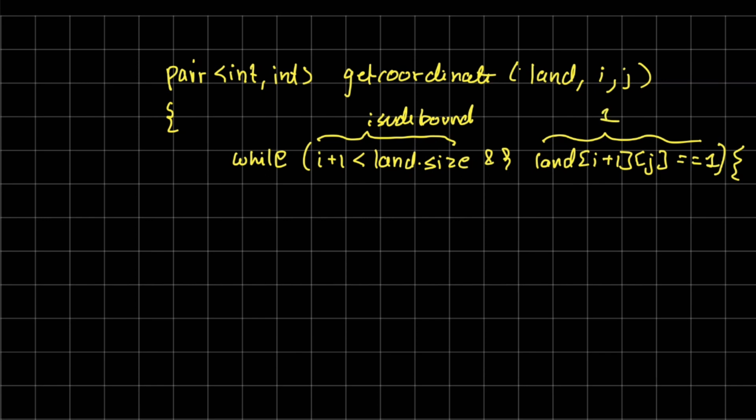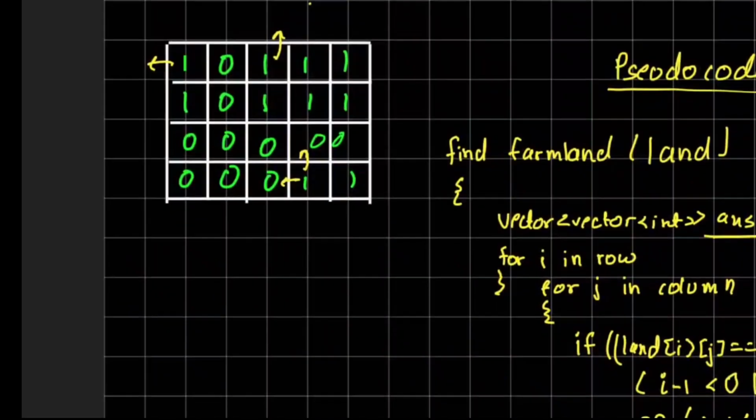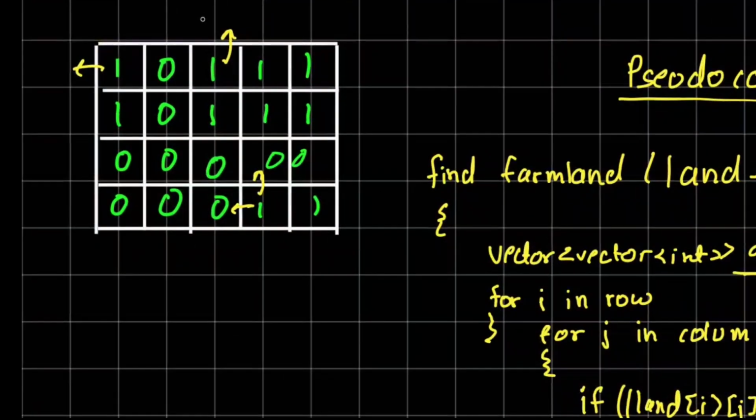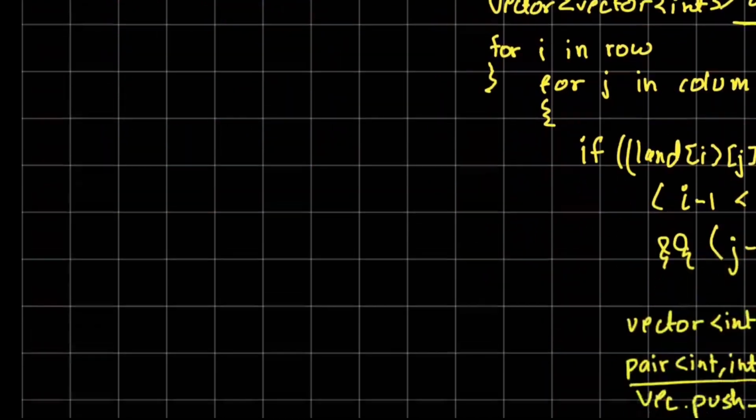So we will move to the right side in the while loop. We will just do i plus plus. Similarly, first I was here, then it will move here, then it will move here.